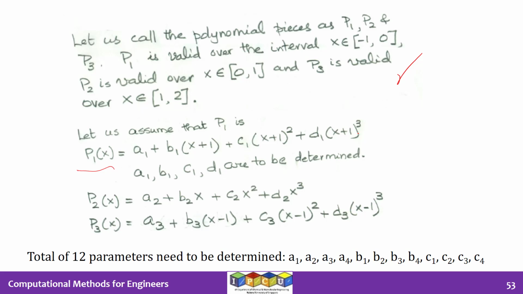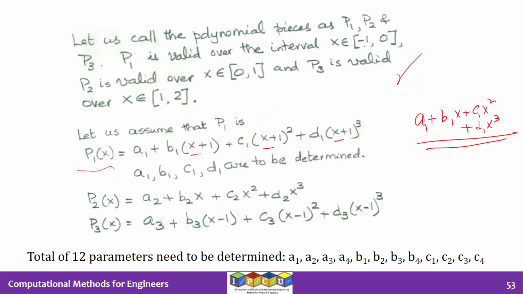Now there is a reason why we don't say a1 plus b1x plus c1x squared plus d1x cubed. We could have said this, but there is a reason why it is written in terms of x plus 1 rather than in terms of x. The reason being P1, the first cubic polynomial, is valid over this interval -1 and 0, including -1 and 0.